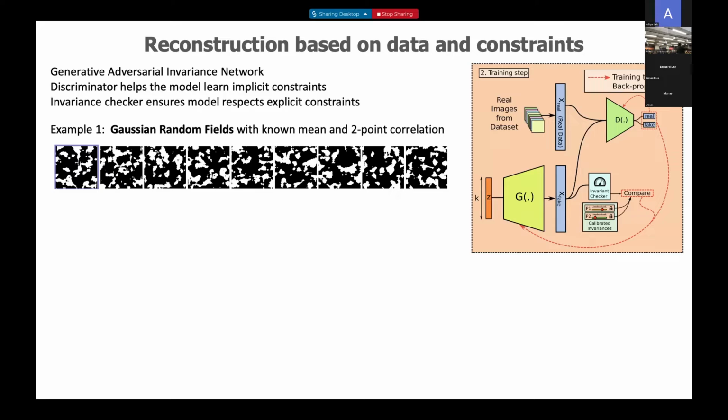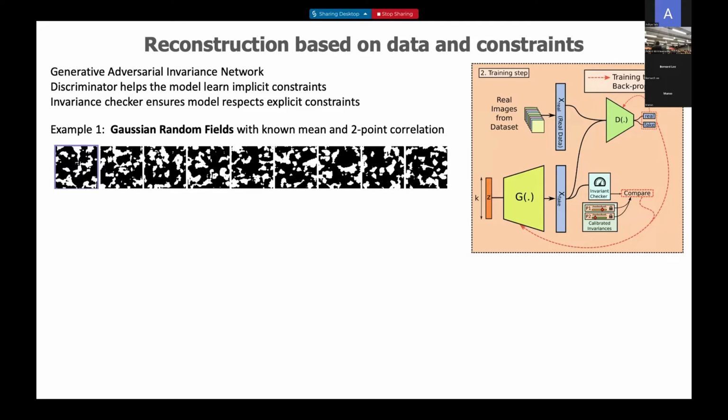I want to create a Gaussian random field. This is a random distribution of black and white pixels in this domain, but I insist that it should satisfy a known mean, where the average amount of black pixels is, say, 0.5, and then I want it to satisfy a certain 2-point correlation. In addition, this is the Gaussian random field I can create now.